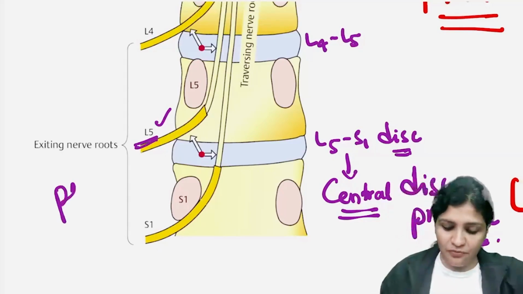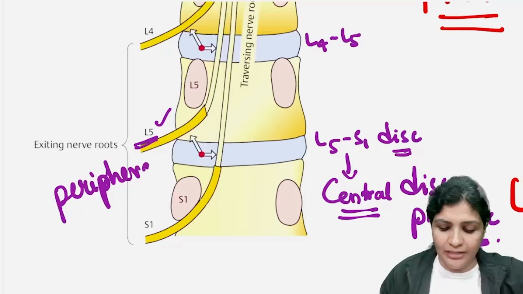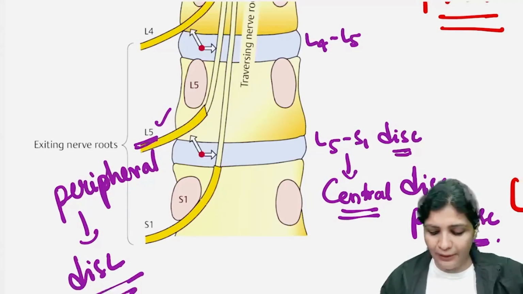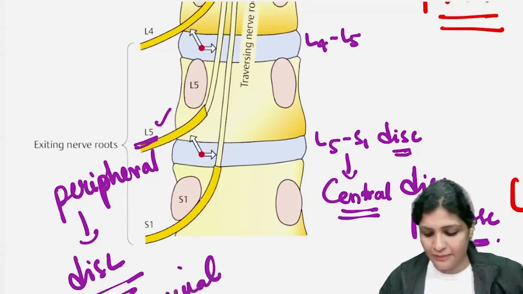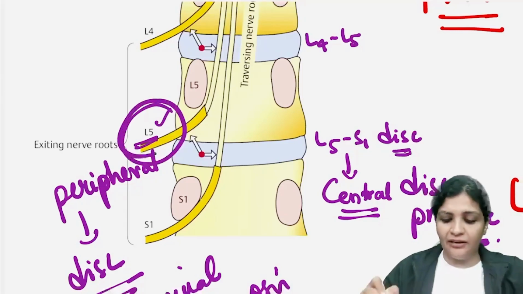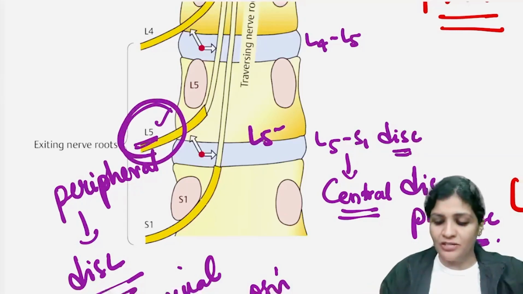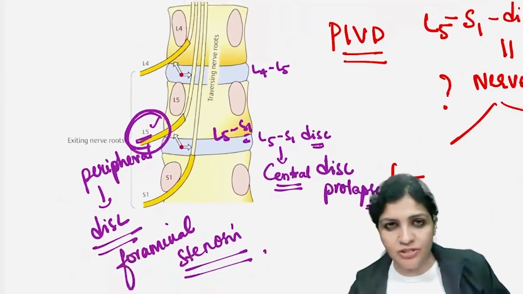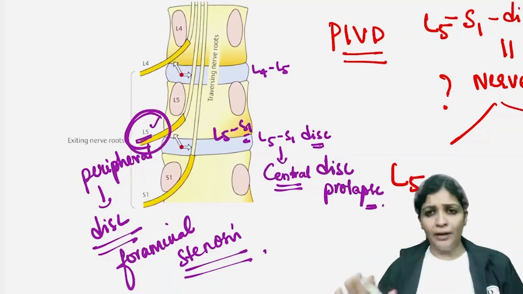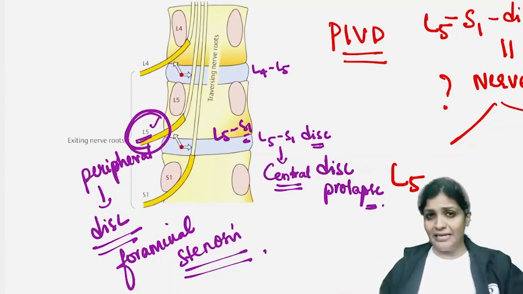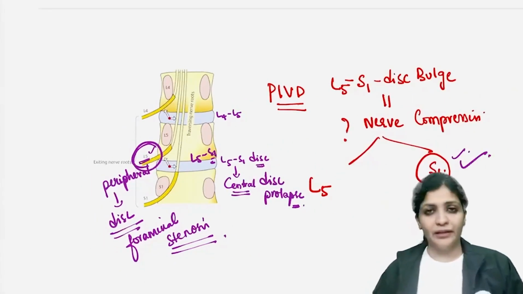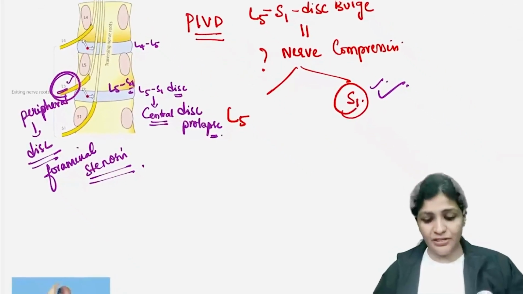If they mention specifically a peripheral disc prolapse, or if they tell that there is a foraminal stenosis, then be careful that this is the L5 nerve root in case of your L5 S1 disc. If it is a normal disc prolapse, nothing is mentioned, then assume it as central disc prolapse and answer it as S1. Clear everyone? Just type an S if it is clear.